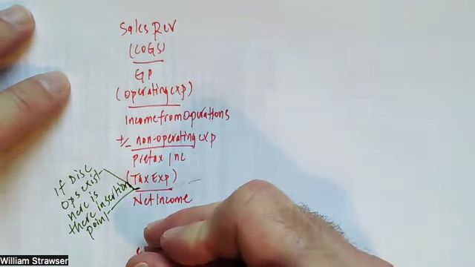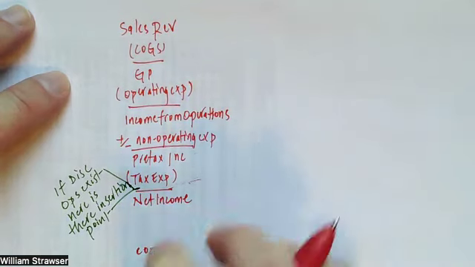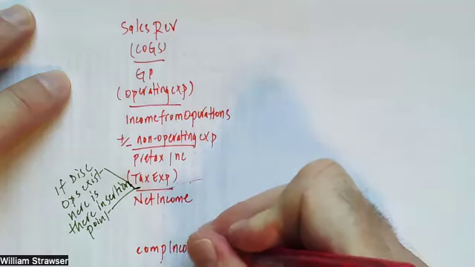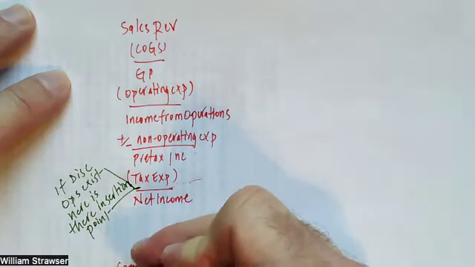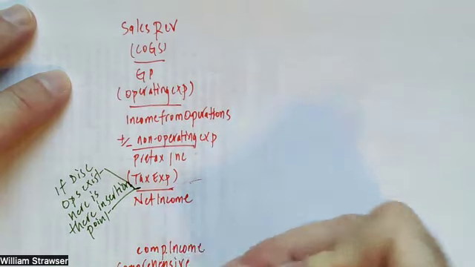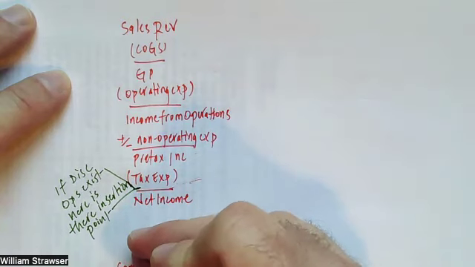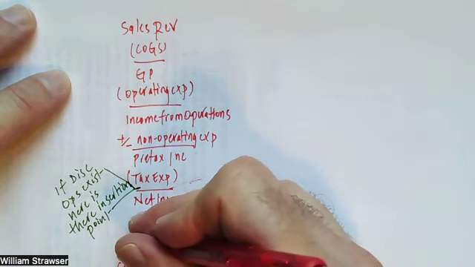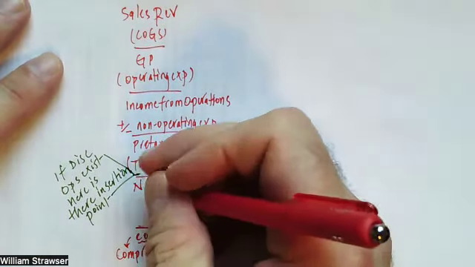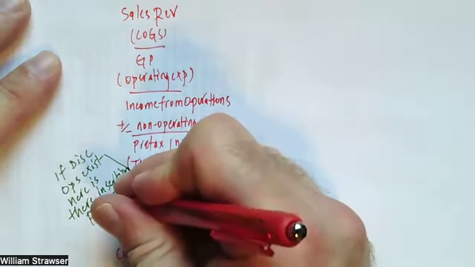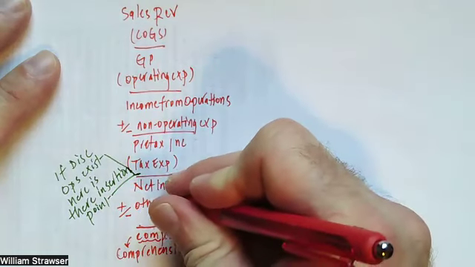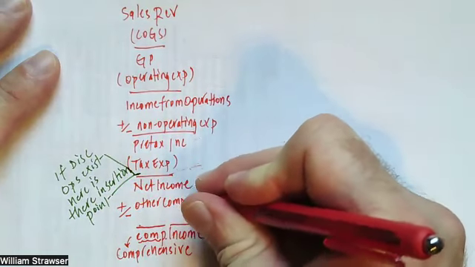So comprehensive income, if it's listed as part of the income statement, and I'm just shorthanding comprehensive, comp income, is the ultimate final subtotal if it's on the income statement. And we arrive at it after adding or subtracting other comprehensive income items.